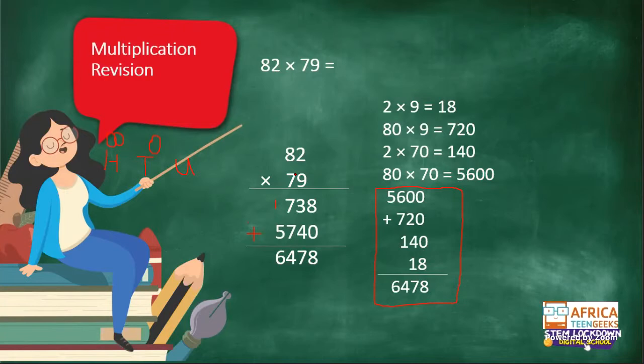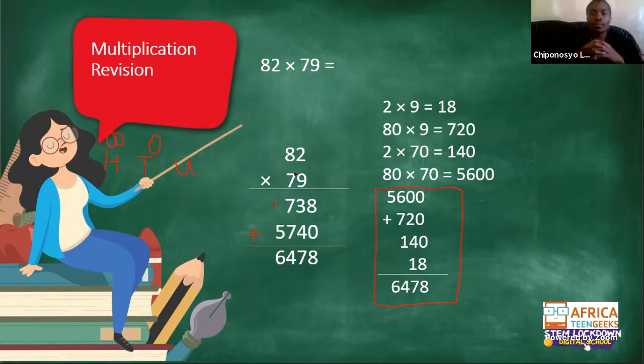Why? Because if I'm expanding it, one important thing is that you need to make sure that you respect the place value. Because it's not just 8 and 2 as digits, it's 82. So you need to make sure that the place value is always respected, always considered.